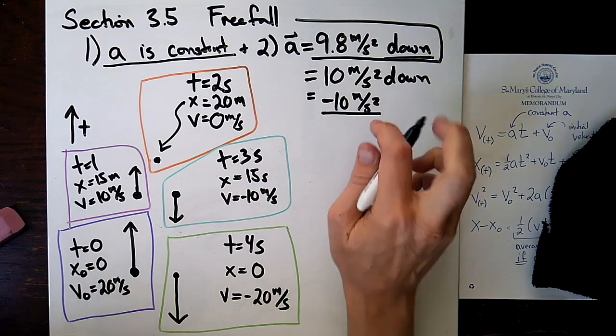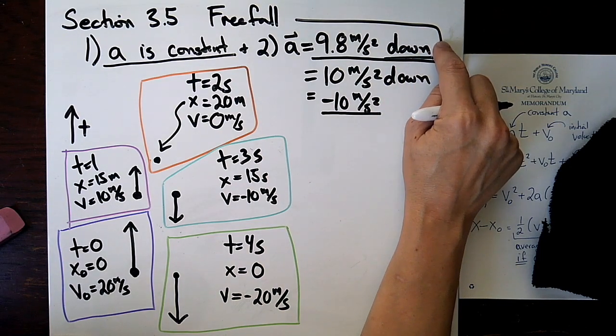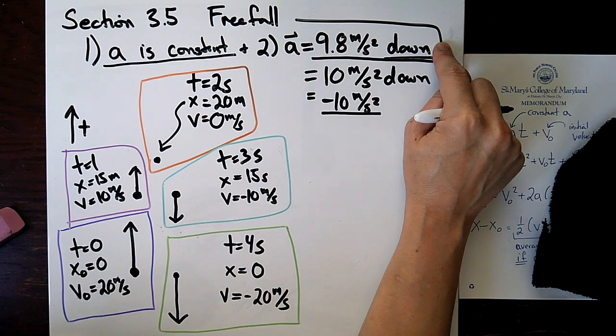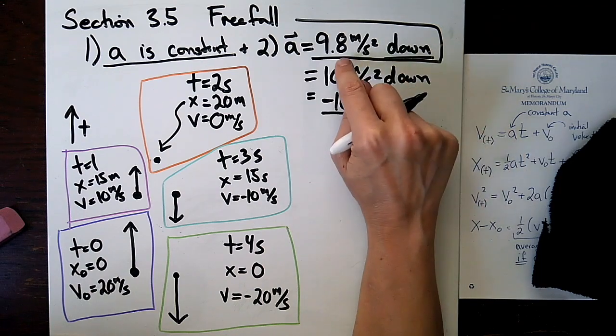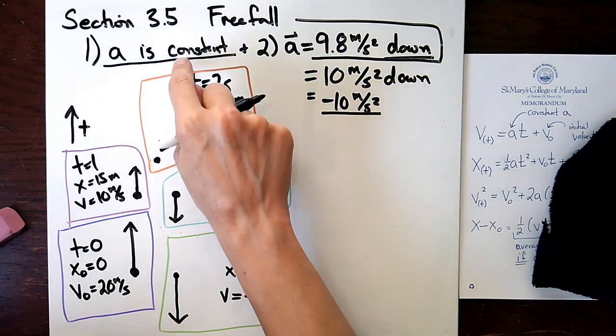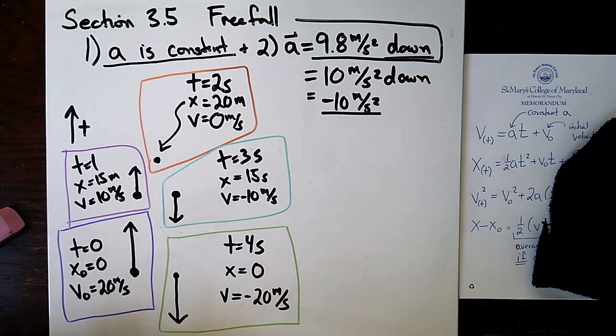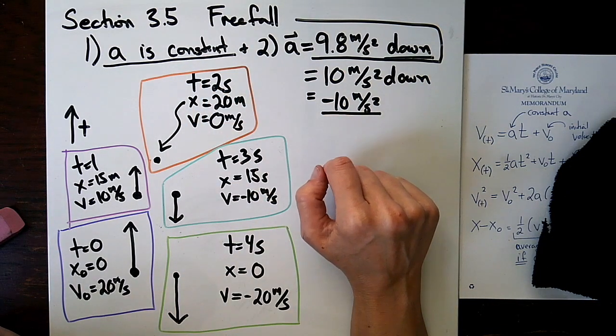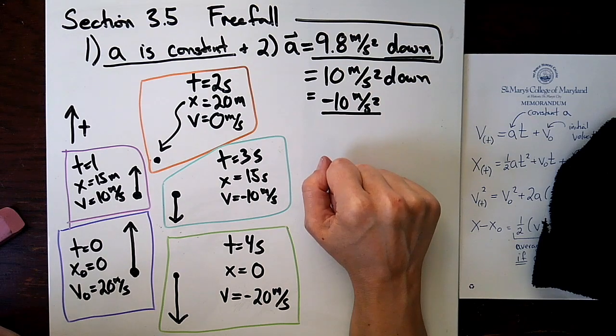But it turns out that this is not absolutely true. In other words, acceleration isn't really this value at the surface of the Earth, nor is it constant. Acceleration due to gravity changes depending on your altitude, really depending on how far away from the center of the Earth you are.